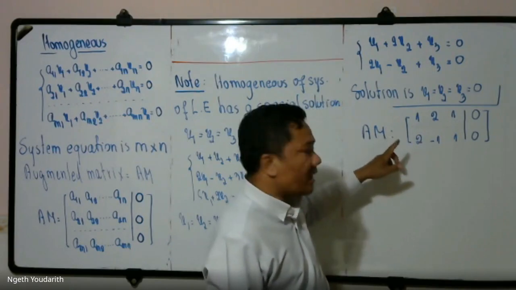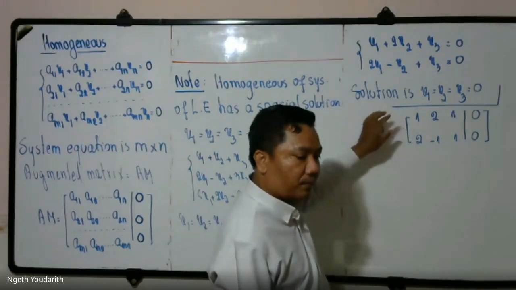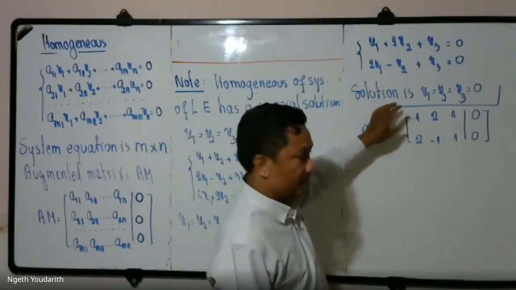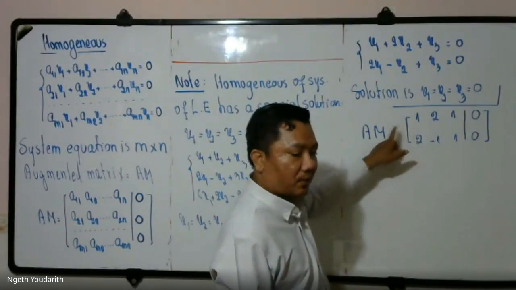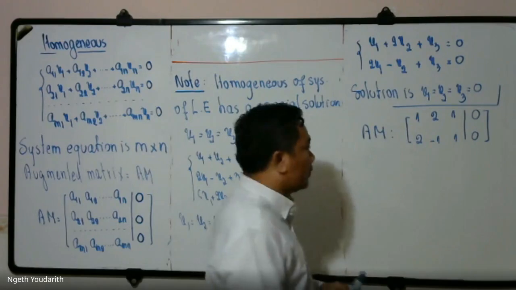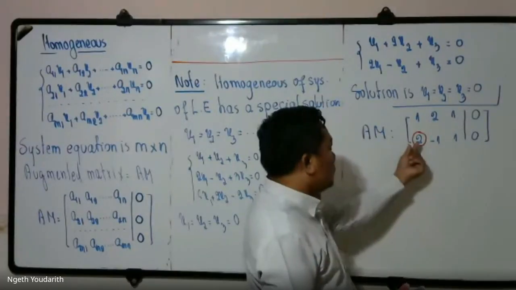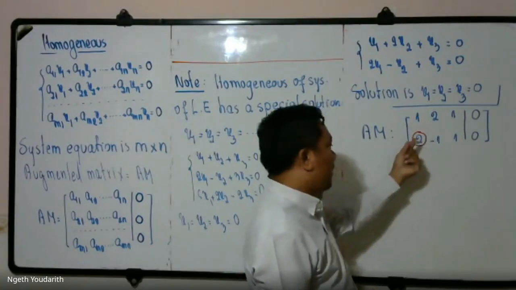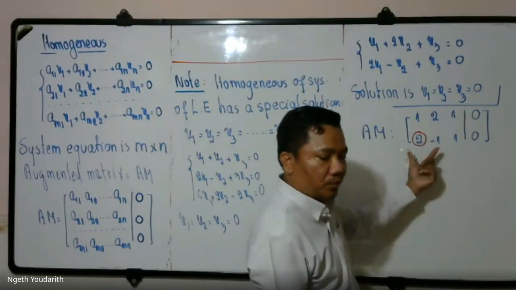First, we keep row 1 and do not do anything with row 1. We look at the first column of row 2 and convert the number 2 to 0. How do you calculate row 2 with row 1 to turn this 2 into 0? What should you do?